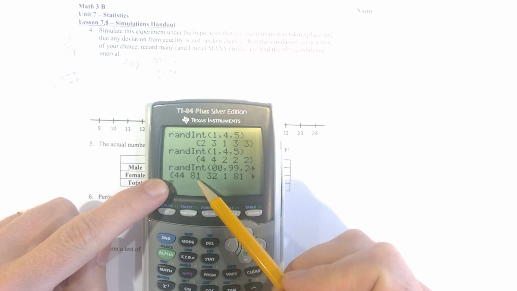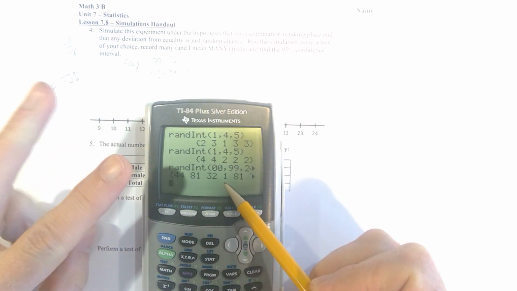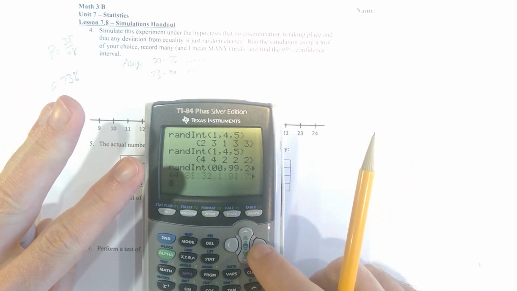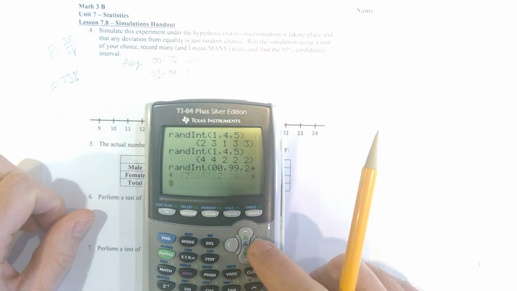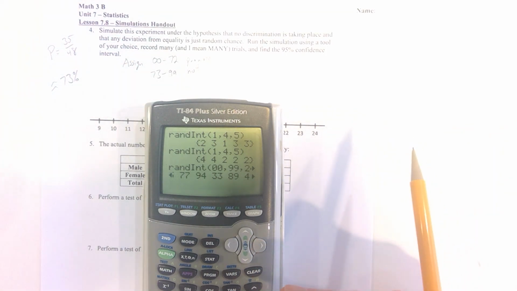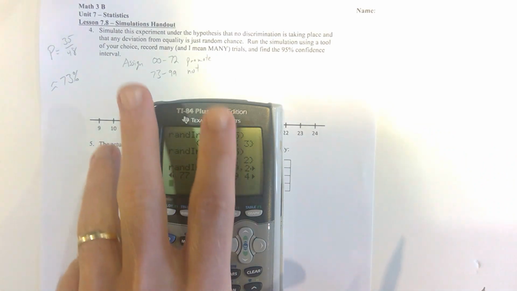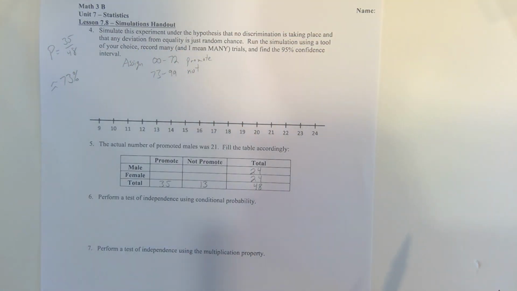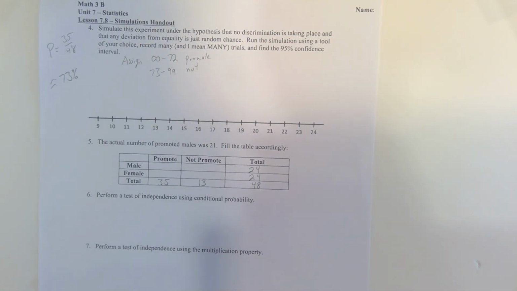So 1 promoted, 1 not, another one promoted, another one promoted, another one not, and I would scroll through my list, keeping track of how many of the 24 males were promoted. And then I would do it a bunch, you would do it a bunch, we'd put all our numbers together, but we can't do that. So I just did it a bunch.